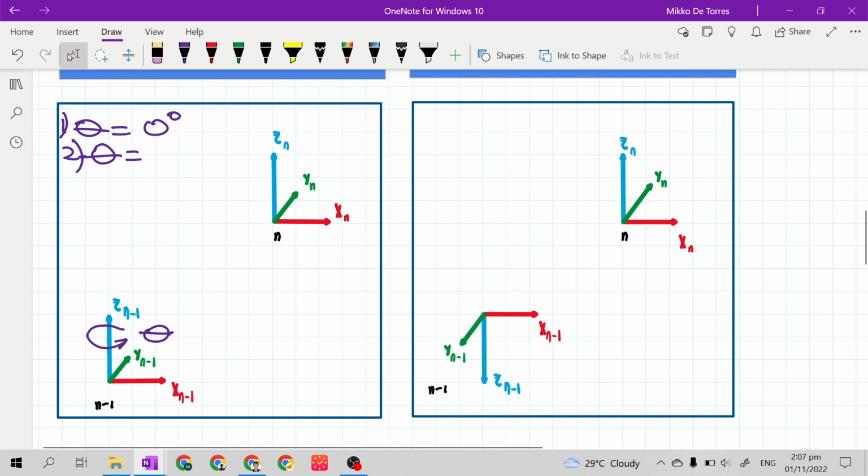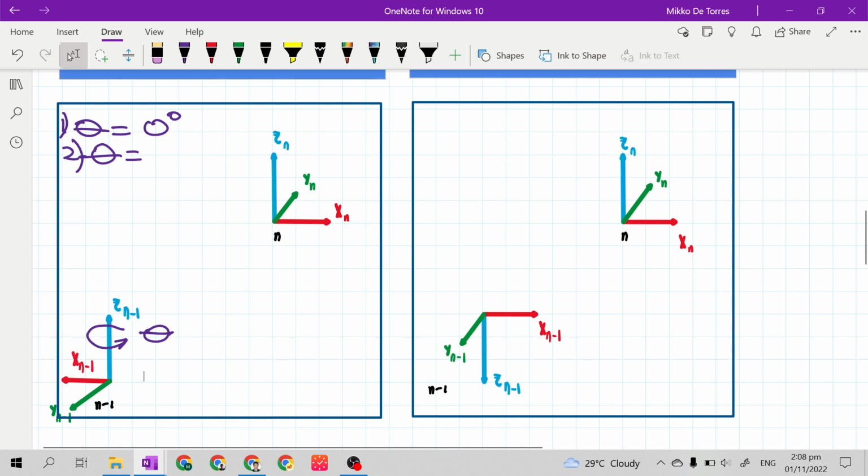So example 2: if our x sub n minus 1 points to the left, our y sub n minus 1 will change direction according to the D-H frame rules. So it will be pointing forward. So x sub n minus 1 is now pointing to the left, while x sub n is still pointing to the right.